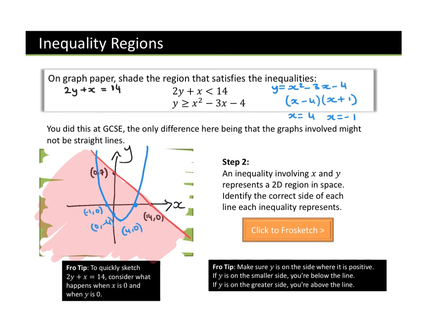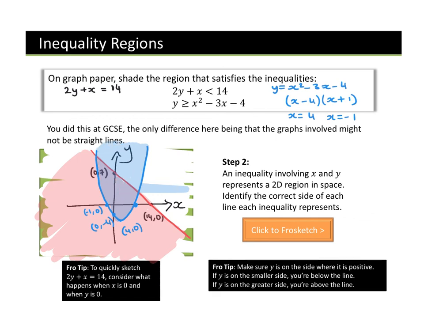Okay, perfect. And then it says y is greater than or equal to. So do we want above the curve or below the curve? Above the curve. So essentially we shade inside it. Do we see?